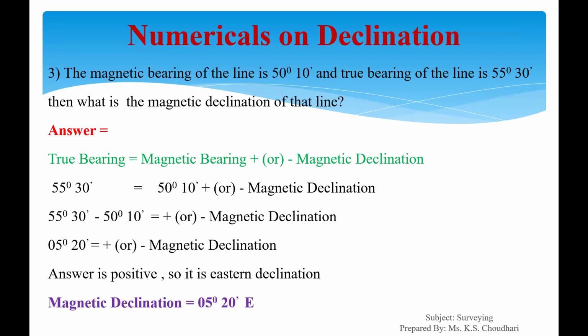Here, the true bearing is given, that is 55 degree 30 minutes, and magnetic bearing is equal to 50 degree 10 minutes plus or minus magnetic declination. 55 degree 30 minutes minus 50 degree 10 minutes is equal to plus or minus magnetic declination. So 5 degree 20 minutes is equal to plus or minus magnetic declination. Answer is positive, so it is eastern declination. So the final answer is magnetic declination is equal to 5 degree 20 minutes east. For better understanding, pause the video here and try to solve this on your own.